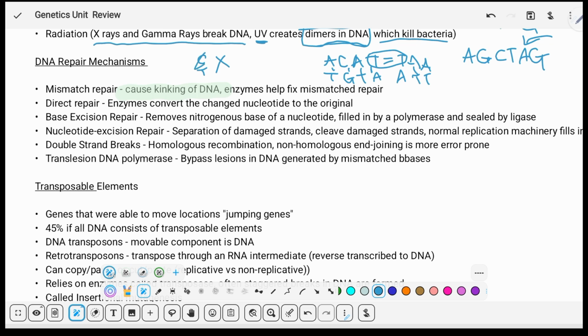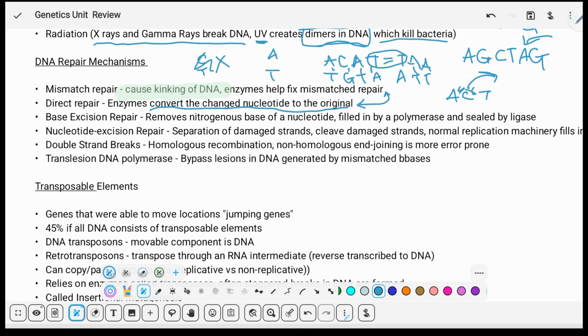So they go, oh no, that's not right, we'll do A and T. There's also direct repair, which they just convert the changed nucleotide to the original. It's kind of the same as this. There's base excision repair. So basically, they go, oh, this nucleotide you are leaving, and then a polymerase will come and fill that up, and then ligase will seal it up.